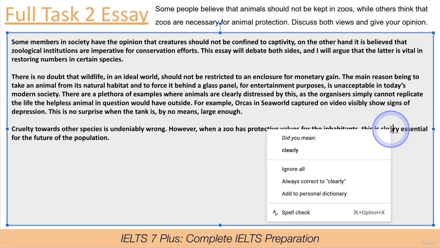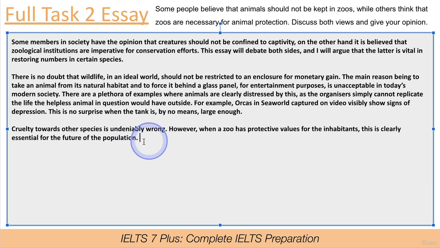Okay, so we can just expand this a bit more. Humans have reduced numbers of many animals worldwide.